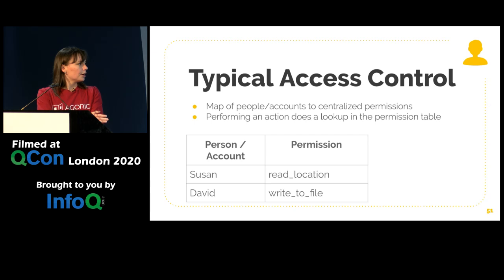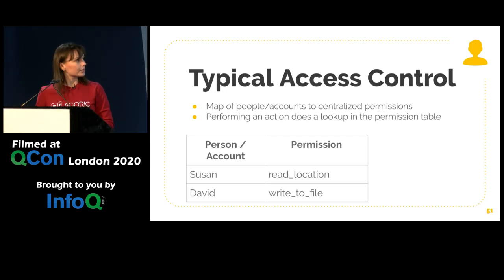So does Susan have the permission to read location? Does David have the permission to write to file? And then when performing an action, it does a lookup in this table to see if whoever was originally calling it has that permission.